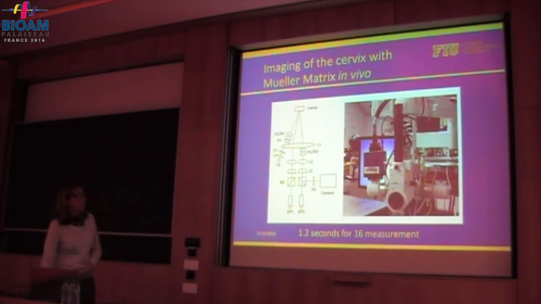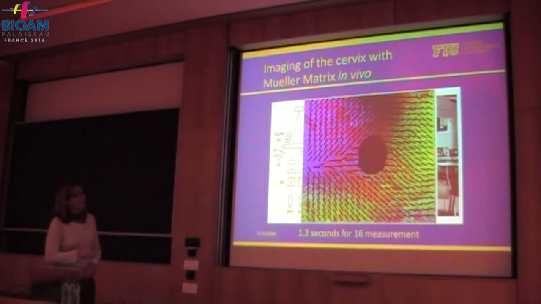So we are doing this now in vivo. We built a colposcope-based mirror matrix polarimeter, and again, we are in the cervix, and here is our circular image of the collagen around the cervix. It takes us about a second to take the 16 images, so we do the analysis in post-processing, obviously.